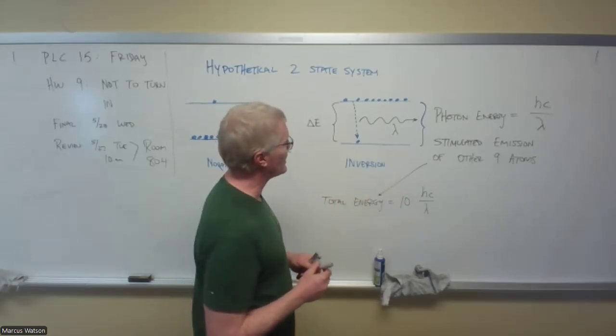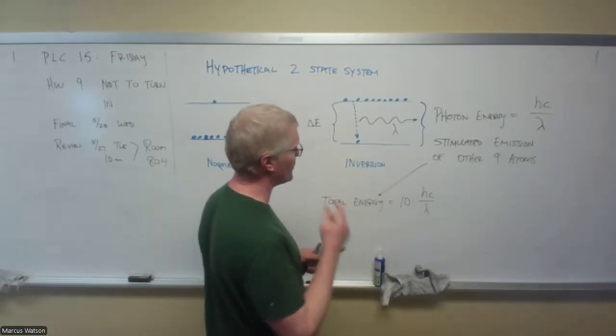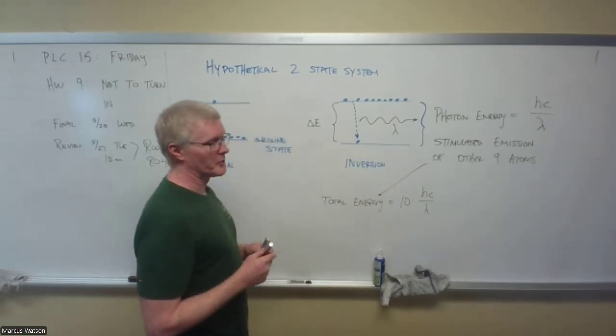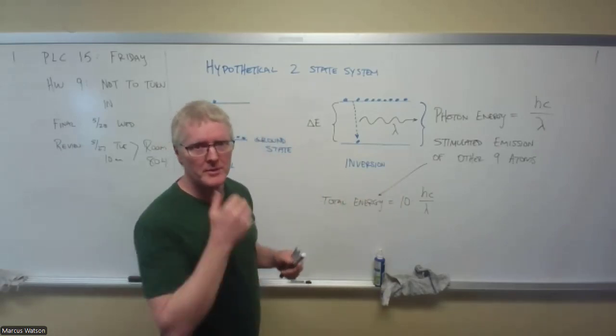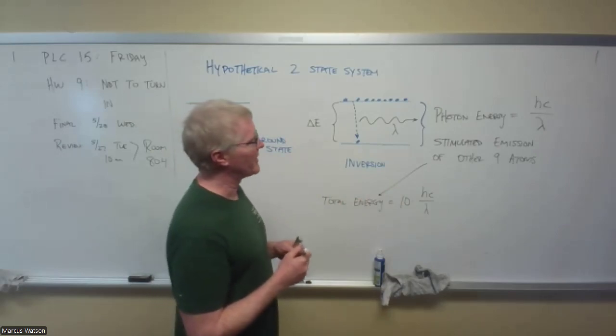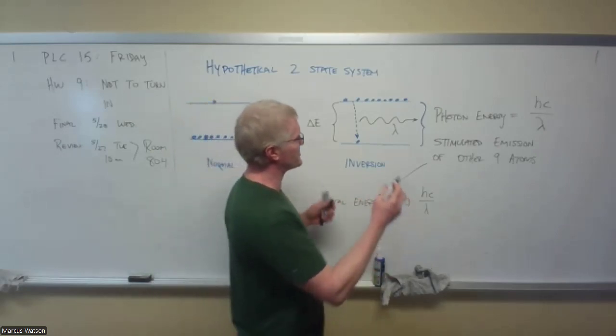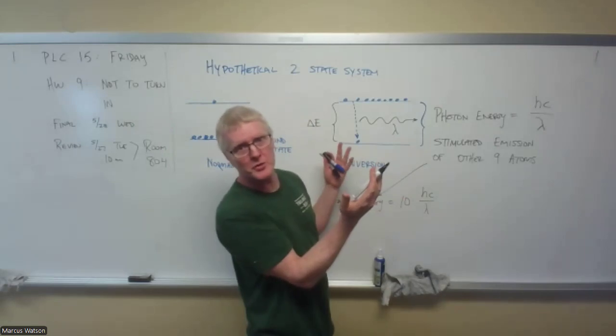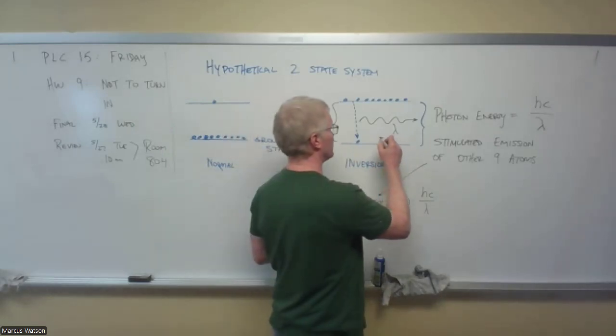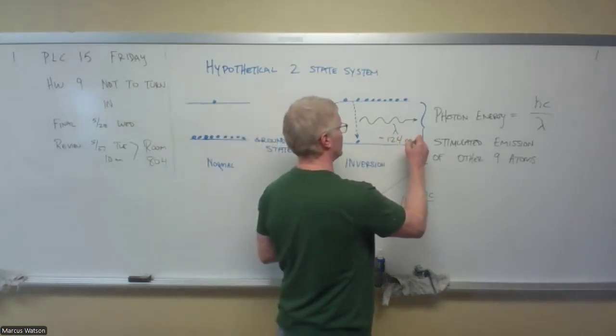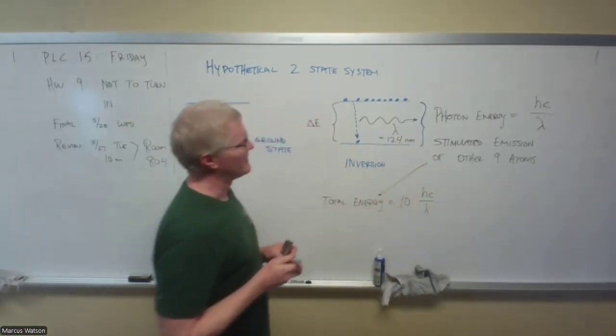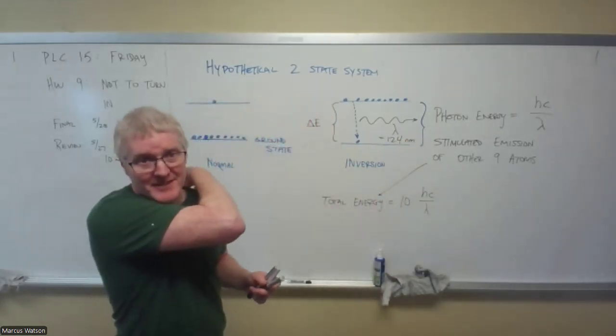So we could make it pretty simple. We could say, suppose the photon wavelength was 124 nanometers. That means the photon energy is 10 eV.